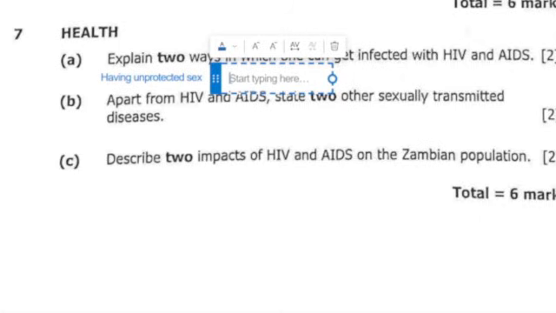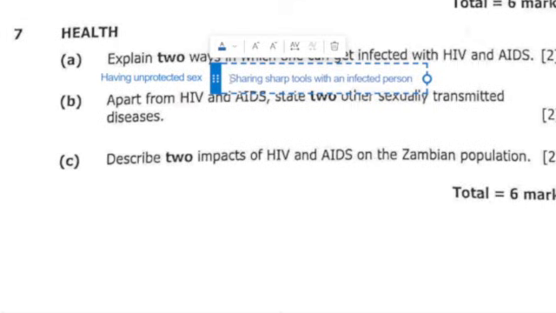And the other way that can lead to contraction of HIV or AIDS is sharing sharp tools with an infected person.